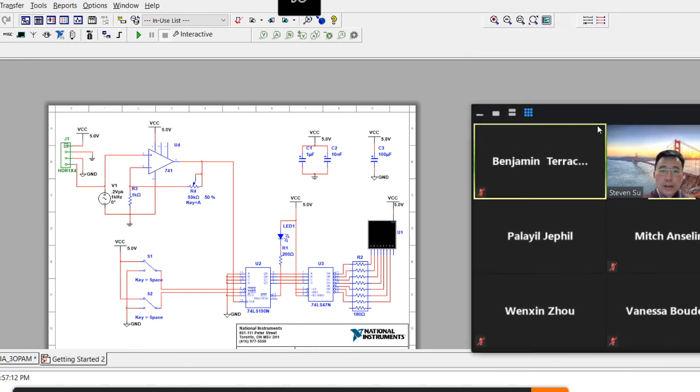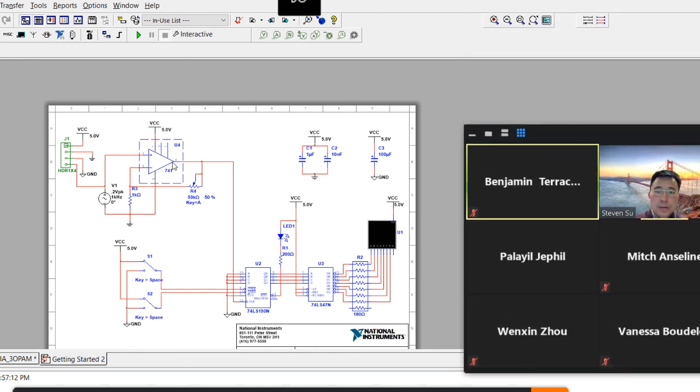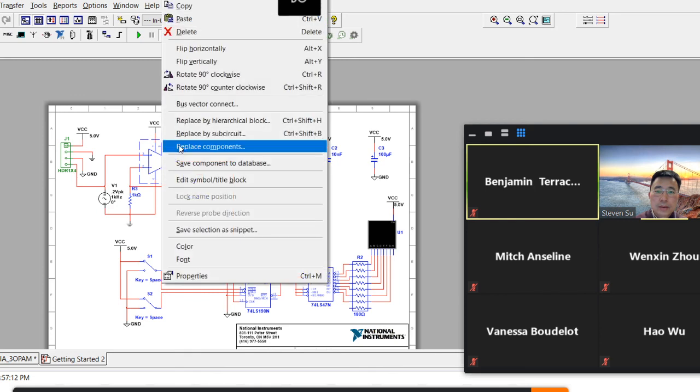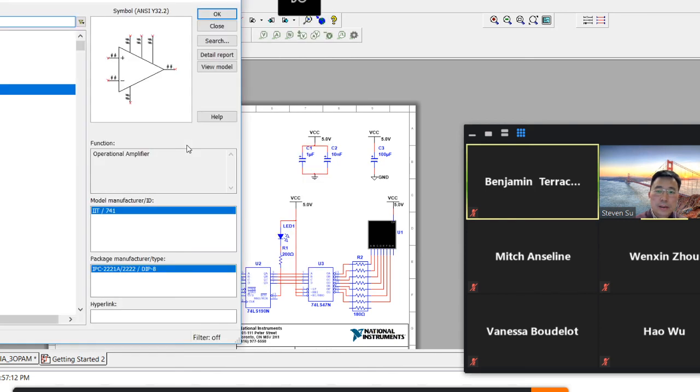And then you need to be familiar with how to change components. For example, if you want to change a component, you can replace it, and they give you lots of components. For example, this op-amp, right?